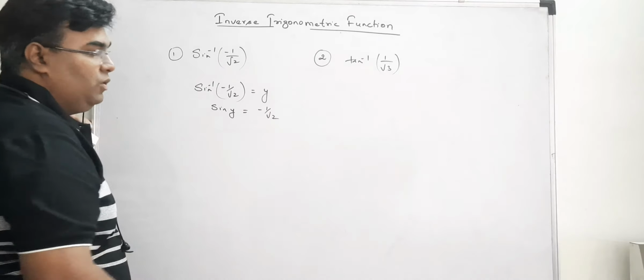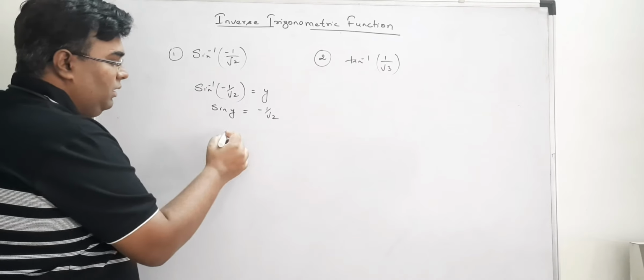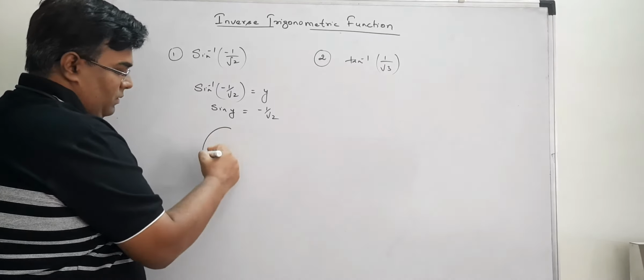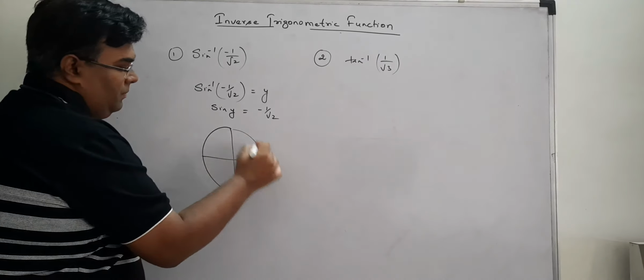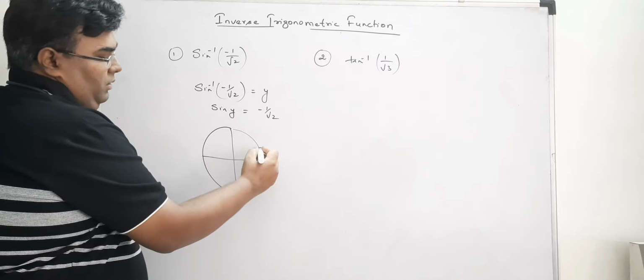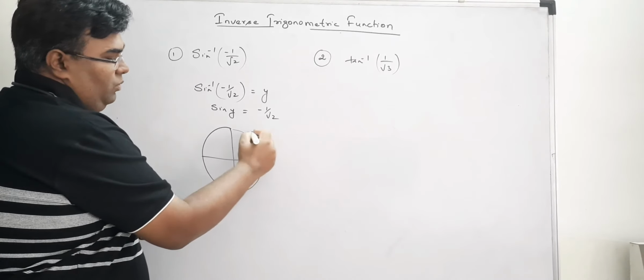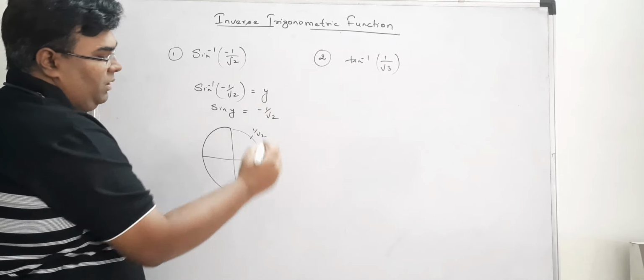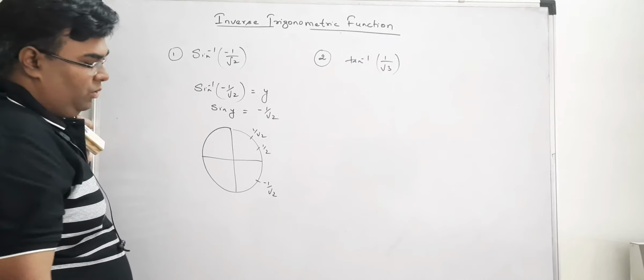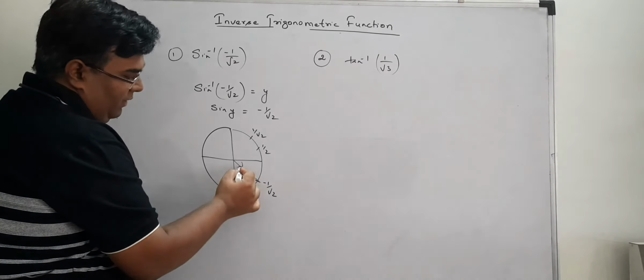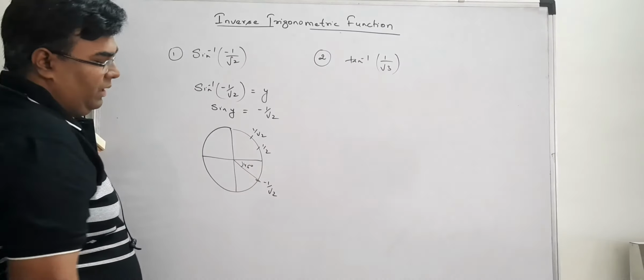Now if you check the values in tables, or you can say if you make a unit circle, if you remember, sine 30 is 1 by 2, sine 45 is 1 by root 2. Similarly, this value will become minus 1 by root 2. So this is my 45 degree angle.